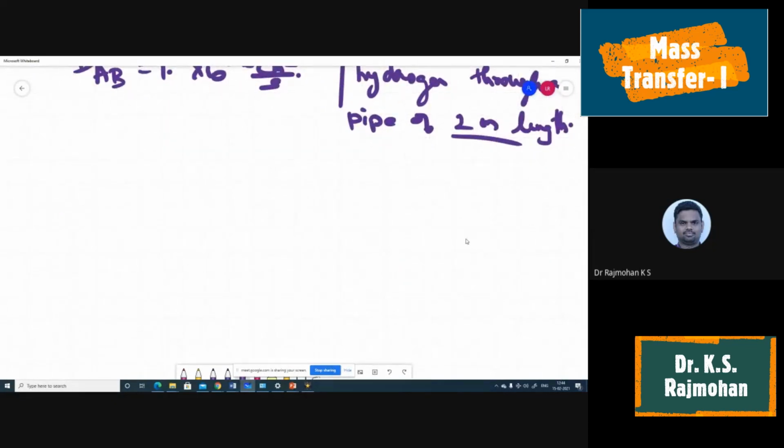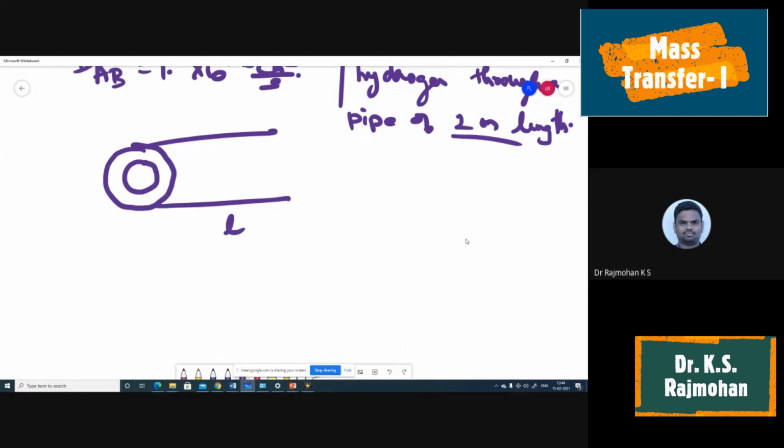So what are we considering? We are considering a concentric cylinder. Length is known, internal diameter is known, outer diameter is known, in mm it is given.